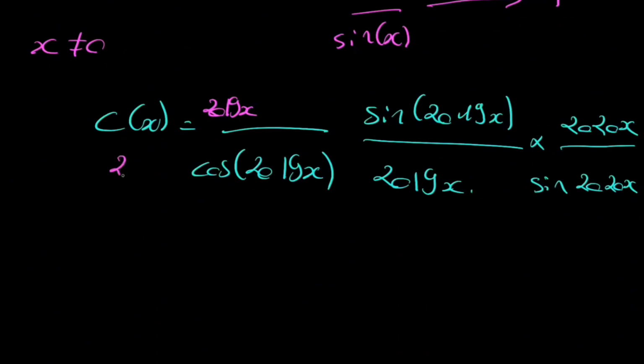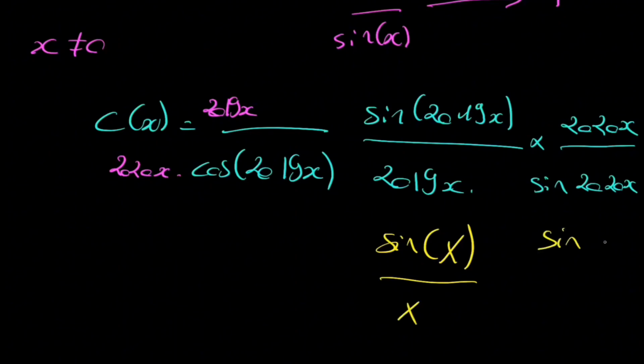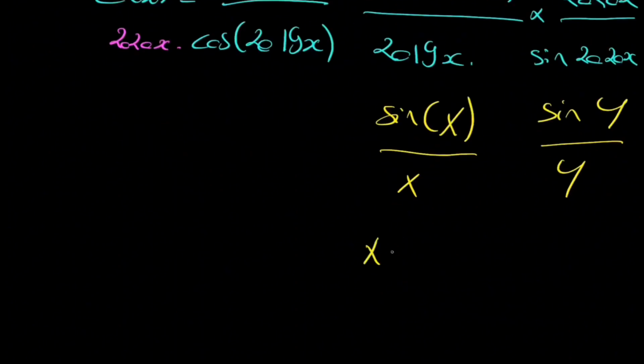So 2020x times cosinus of 2019x. And now we do have something which has the form sinus of X over X, and here sinus of Y over Y, with X equal to 2019x and Y equal to 2020x.